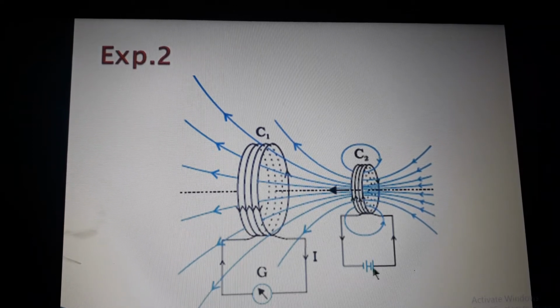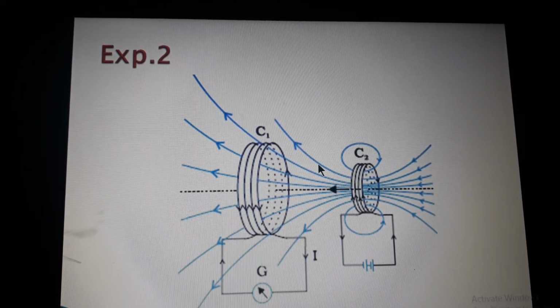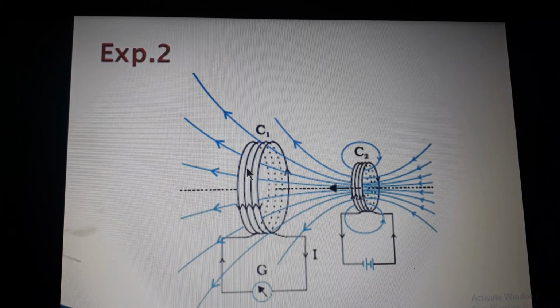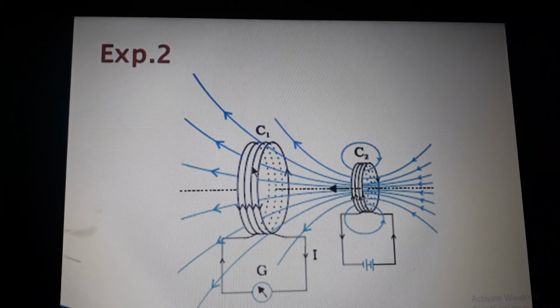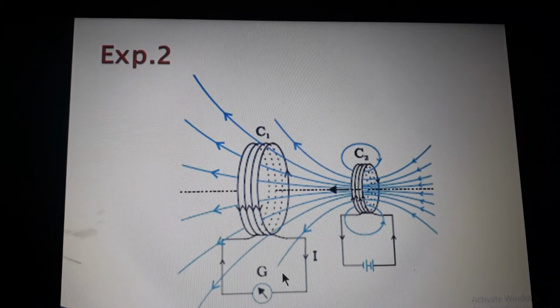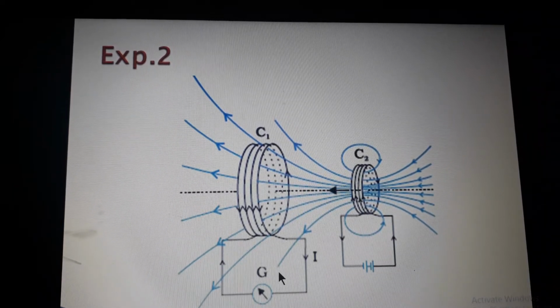Now when power supply is given to this coil, what happened? Magnetic field lines are generated, and when this coil is moved towards coil C1, these magnetic field lines link with it. Due to this linking, some current flows and the galvanometer deflects in the positive direction.